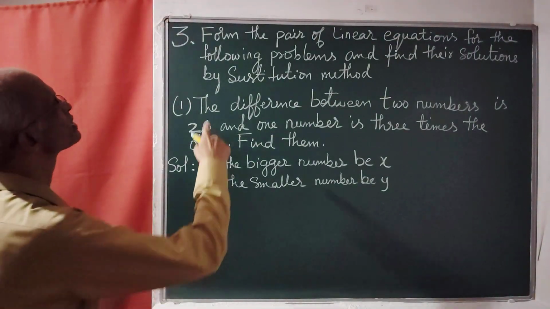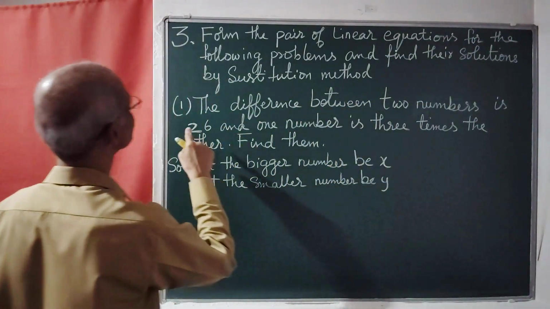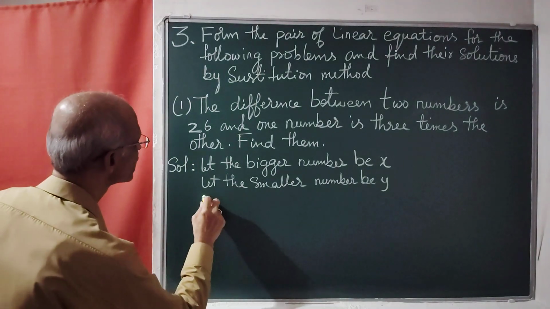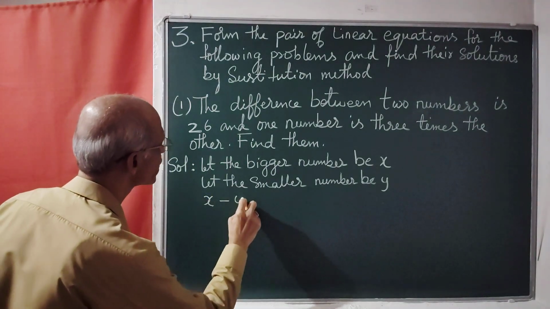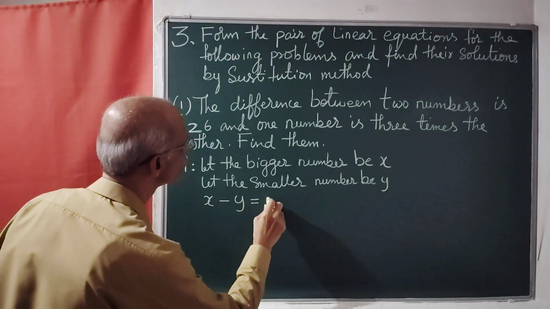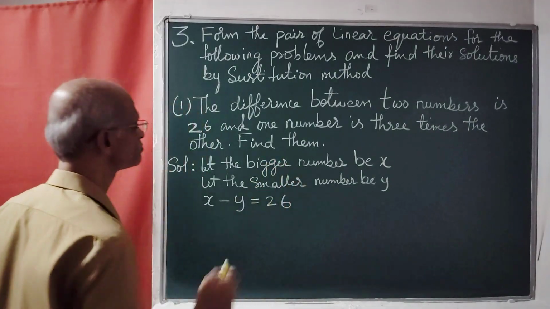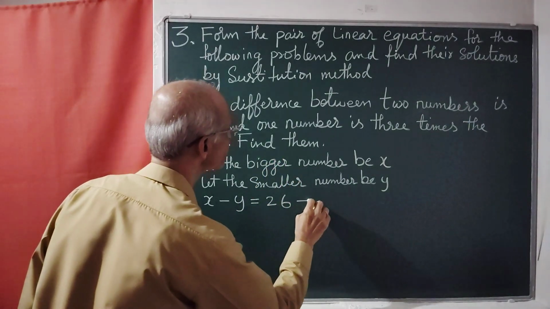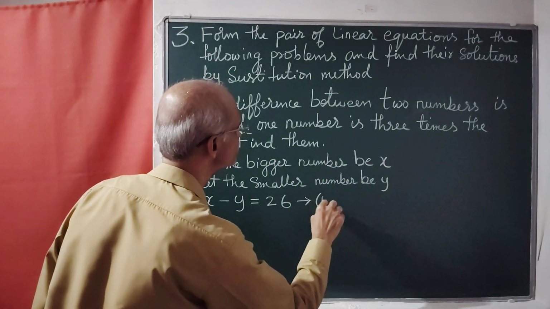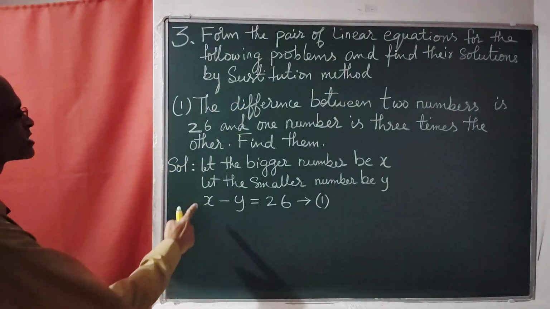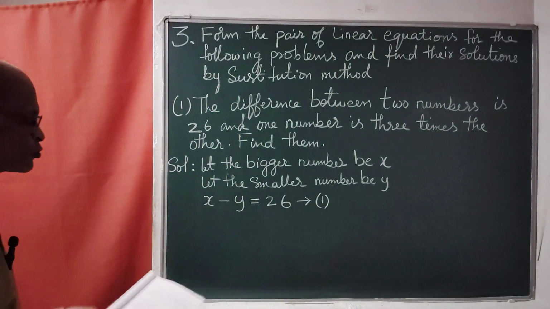The sum says the difference between the two numbers is 26. So x minus y equal to 26. This is our first equation. x minus y equal to 26.